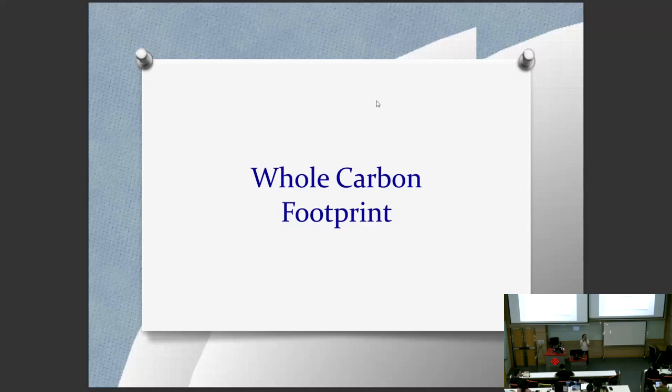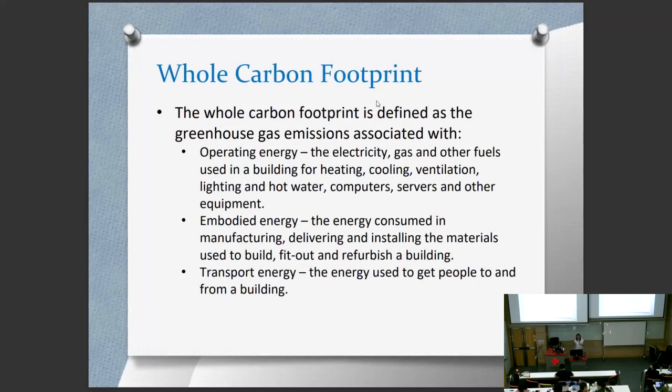The whole carbon footprint will be a fairer comparison of their global warming impact. The whole carbon footprint is defined as the greenhouse gas emissions associated with one, two, three: operating energy, embodied energy, and transport energy.